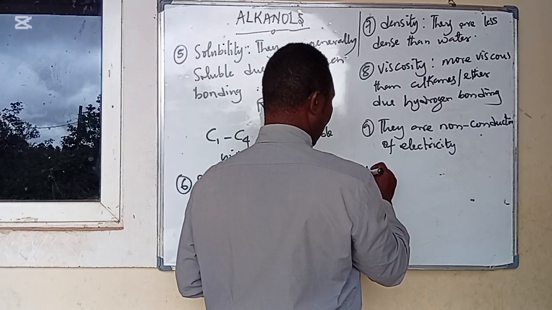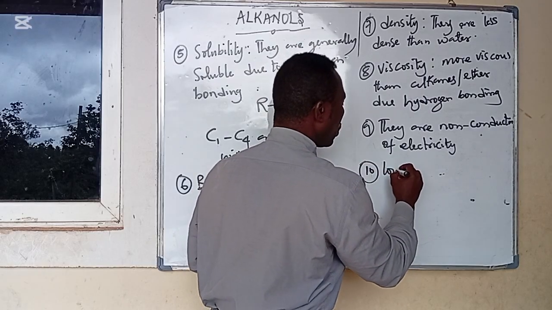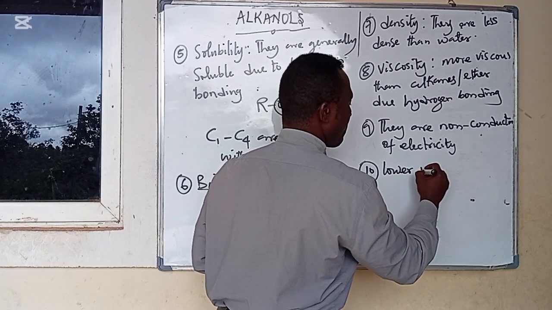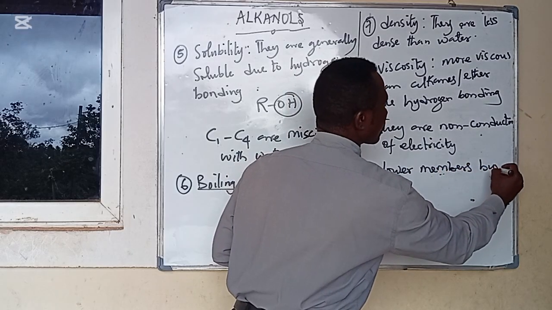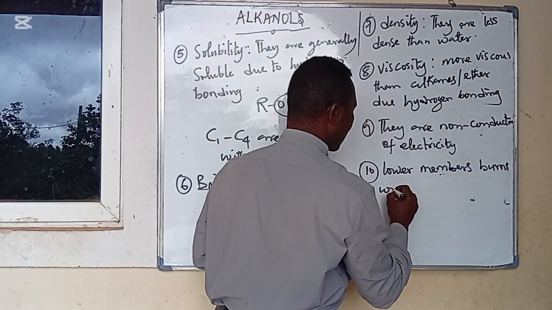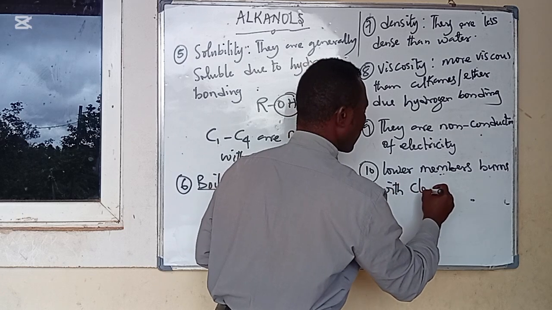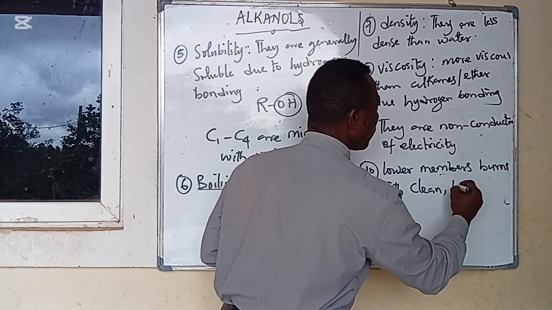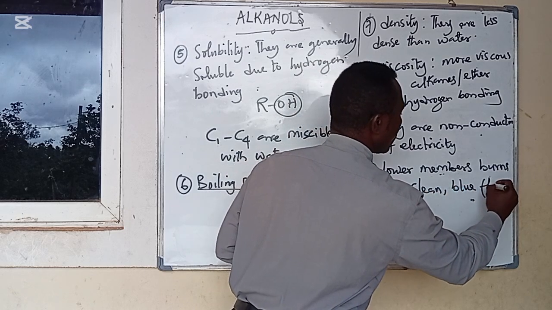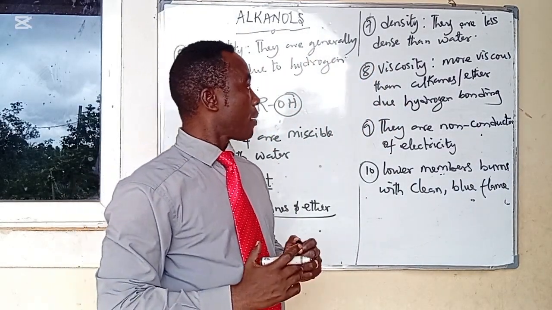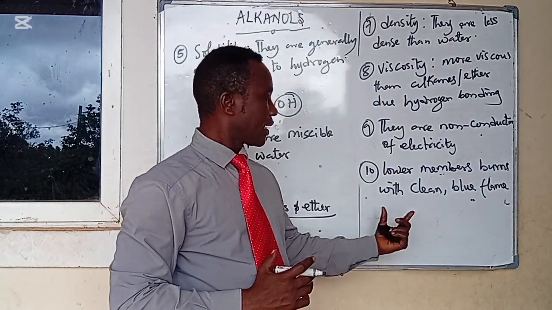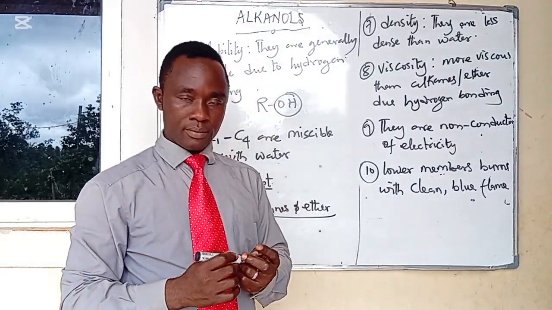So number 10 is that lower members burn with clean blue flame. So that is their flame test. Lower members burn with clean blue flame.